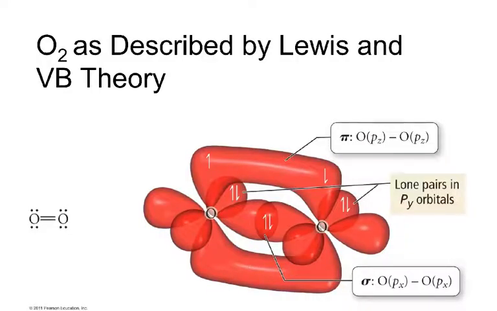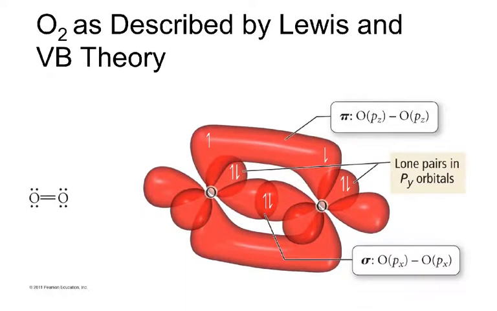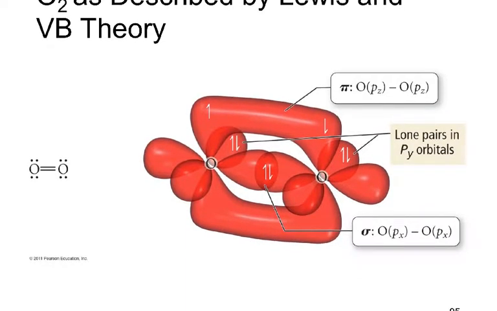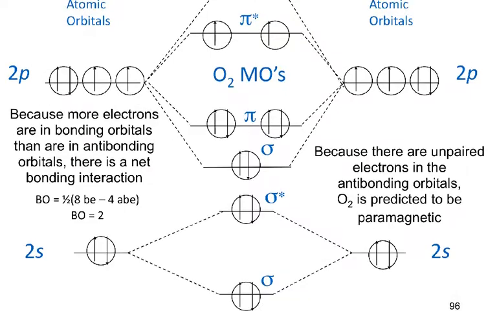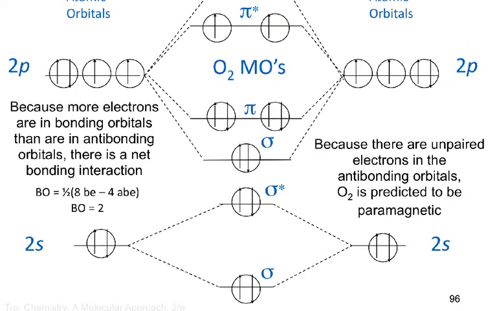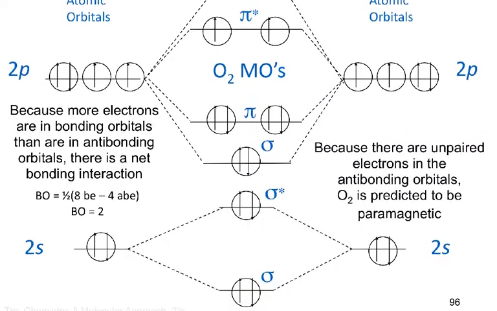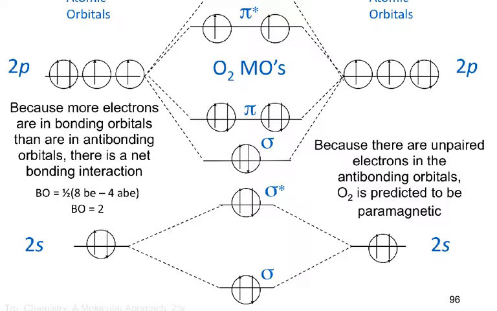But if we look at the molecular orbitals, in Lewis theory and valence bond theory everything pairs up. With our molecular orbitals, if we fill in our valence electrons, we have 12 electrons to account for.